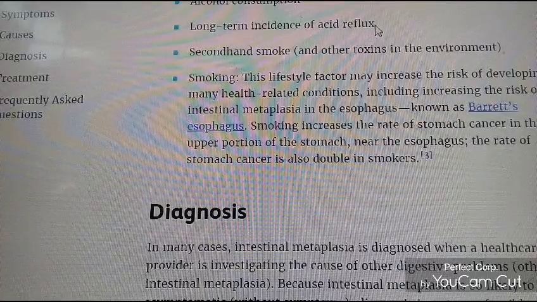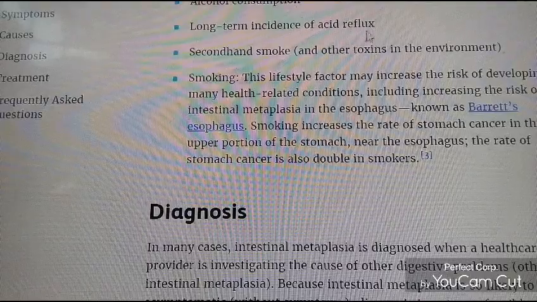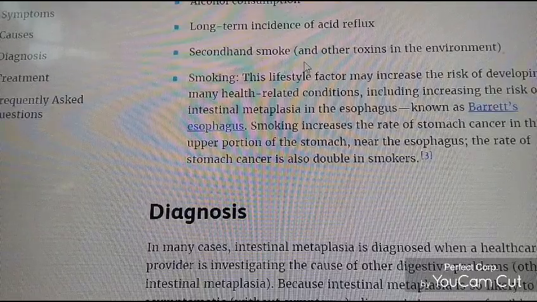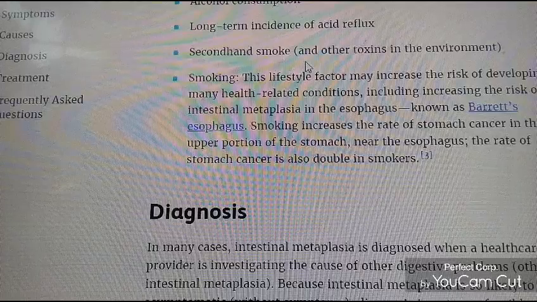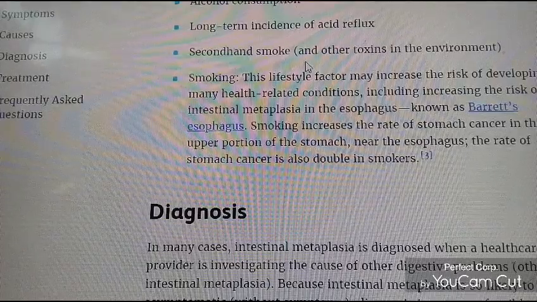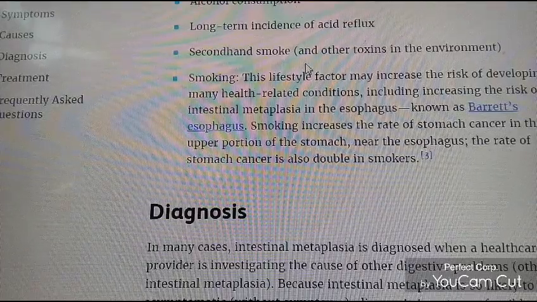So if emotion is not involved, you are not going to have cancer. Secondhand smoke, what's the difference? First-hand or second-hand smoke? No difference whatsoever.